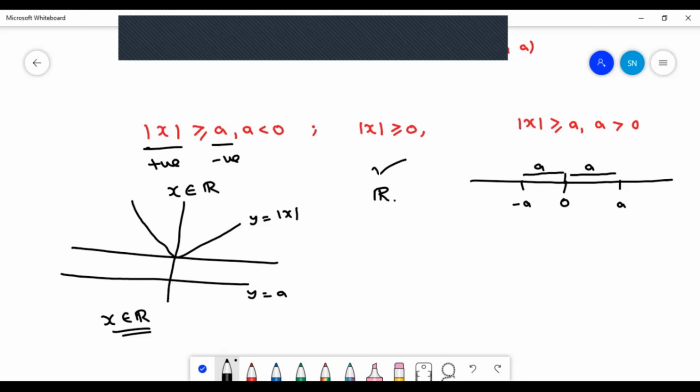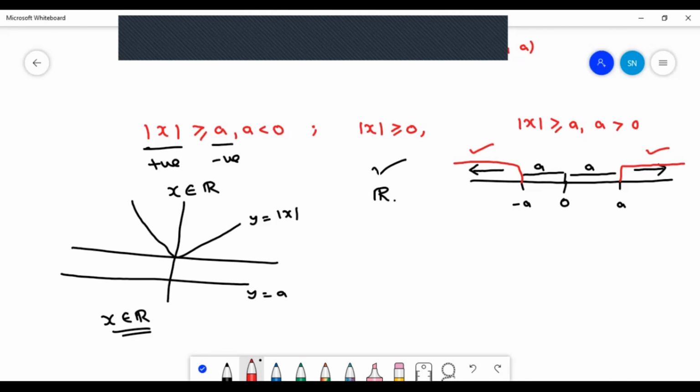So x must be away from a. This region and this region: any point to the right of a or to the left of minus a, whose distance from the origin is more than a. This is the solution region.